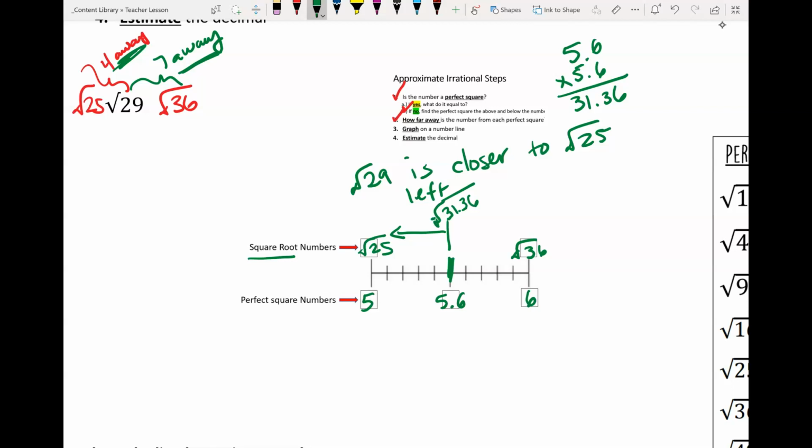We know that the square root of 29 should be closer to this number, so it should be approximately about in this area. If you think about it, it'd be 5.1, 5.2. I have a few of you that like to do it that way, which is okay. I would say the square root of 29 is approximately about 5.3, or almost 5.4. It's between those.